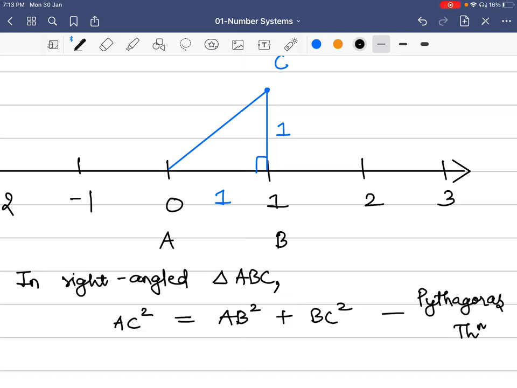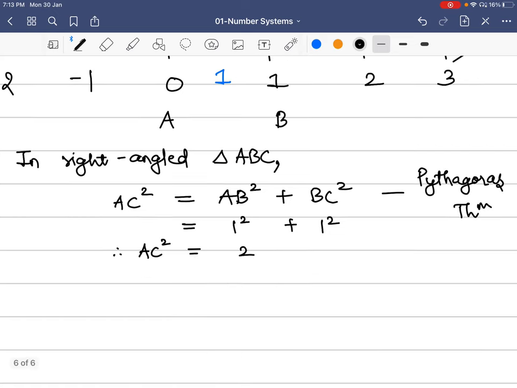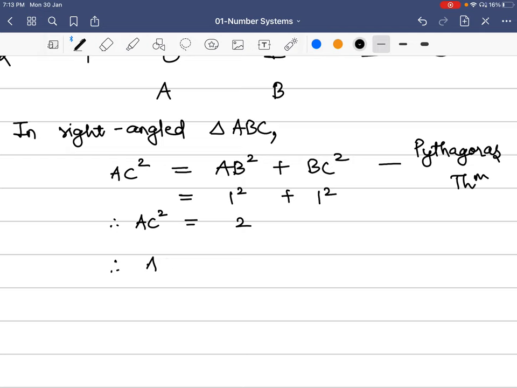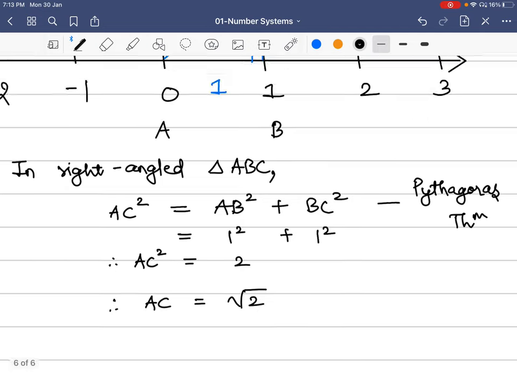So that is equal to, what is AB? AB is 1 and BC is also 1. So I'm just going to substitute 1 square plus 1 square. That is going to be equal to 2. Therefore, AC square is equal to 2, and therefore AC is equal to square root of 2. So the length of AC is square root of 2.